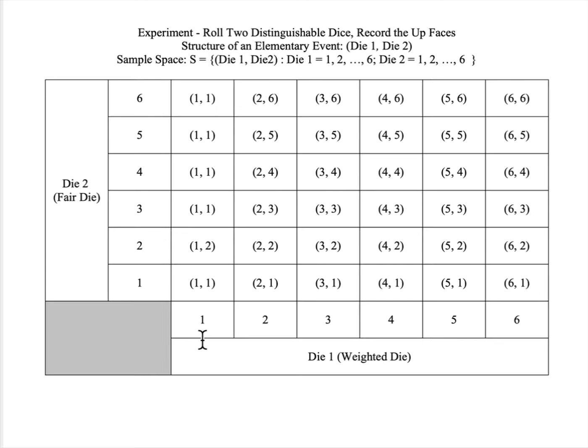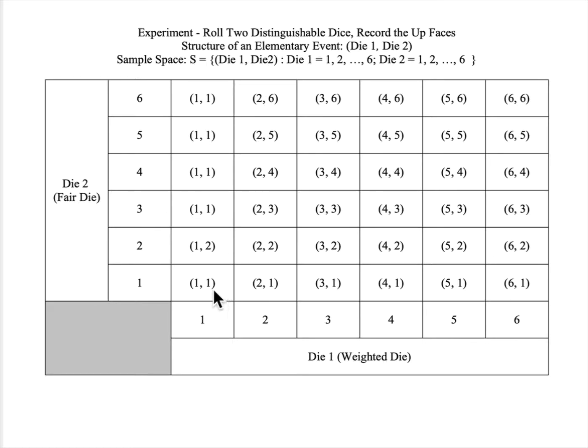And so in this example, the columns, which represent the outcomes for die 1, will correspond to the values obtained on the weighted die. So again, we have values 1 through 6. And the rows correspond to the value obtained on die 2, which in this case is the fair die. And so we have the 36 ordered pairs, the elementary events for this experiment.